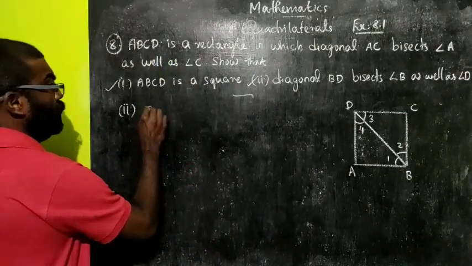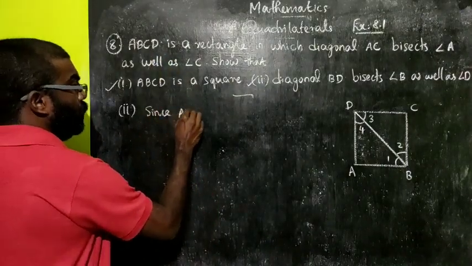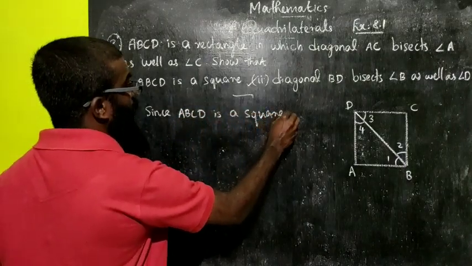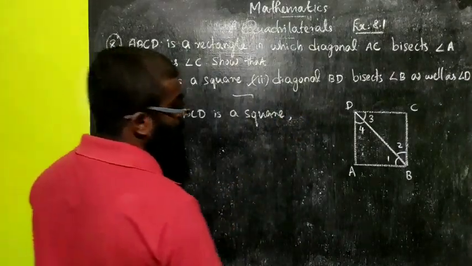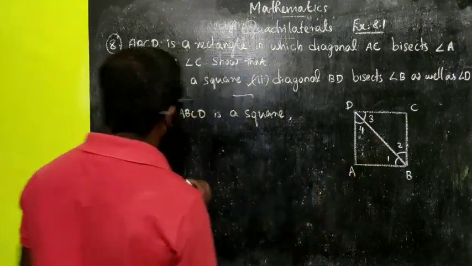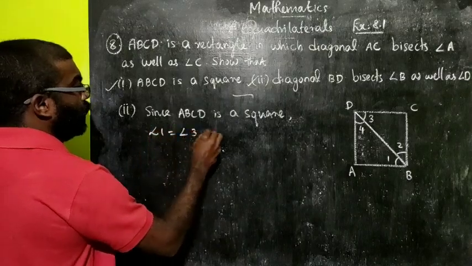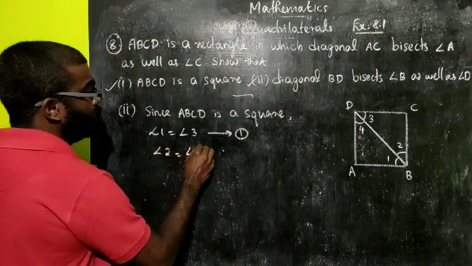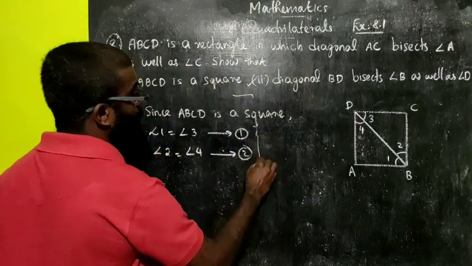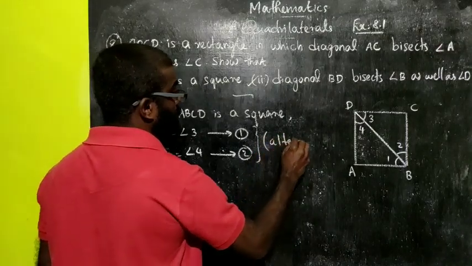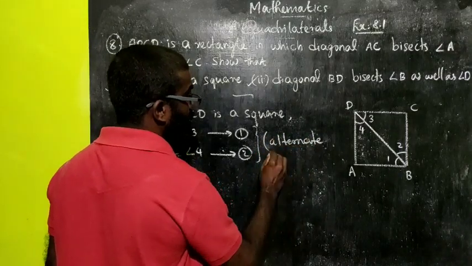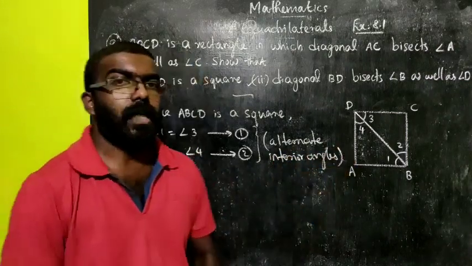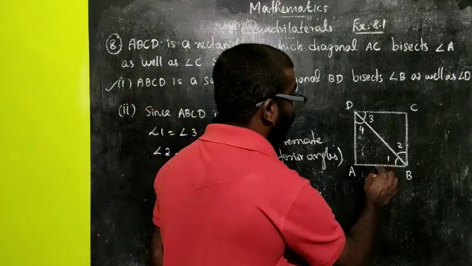So here we can write, since ABCD is a square, we can find a pair of alternate interior angles, angle 1 and angle 3. Angle 1 equal to angle 3, angle 2 equal to angle 4. Alternate interior angles. Now we can consider the sides AB and AD.